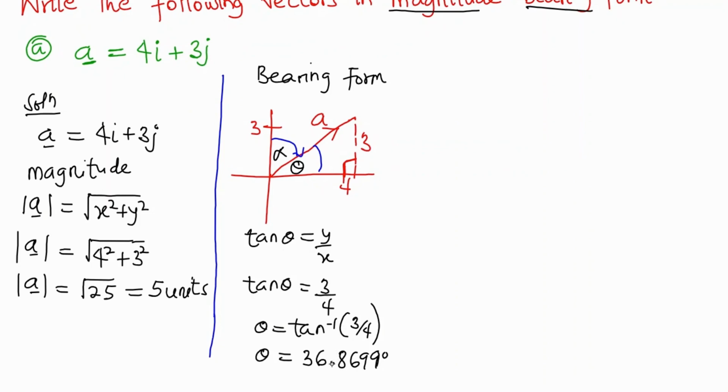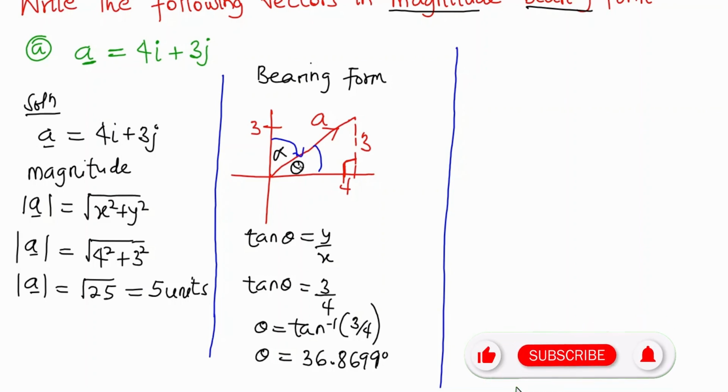So you have theta now, but theta is not the bearing or the direction of the vector. The bearing of the vector is given by alpha. To find alpha, we can see that this vector happens to fall in the first quadrant of this Cartesian plane. If this side of the vector is the bearing, alpha, and this side is theta, then the sum of the angles in the first quadrant of this Cartesian plane is 90.